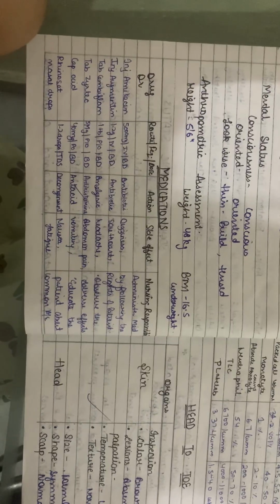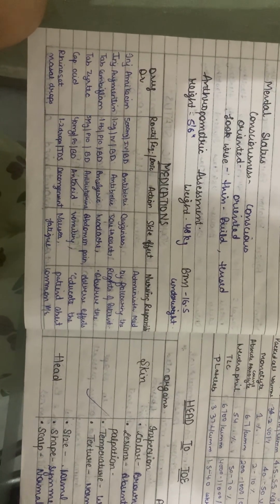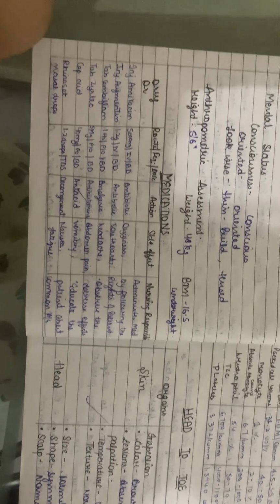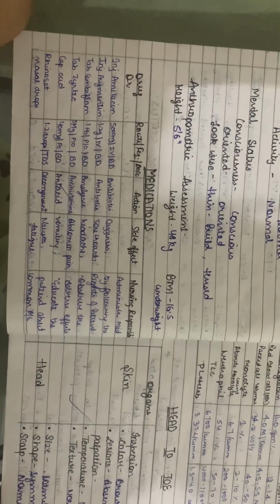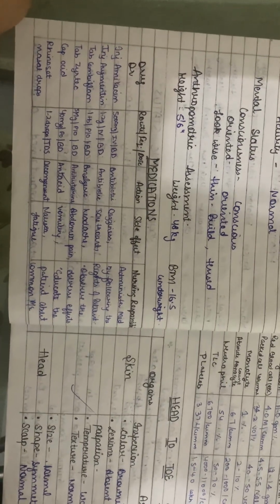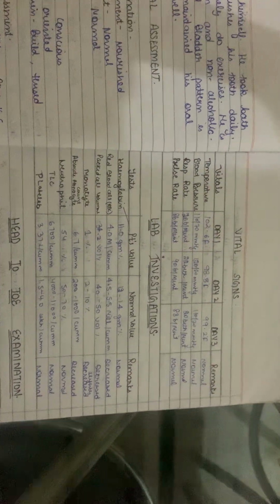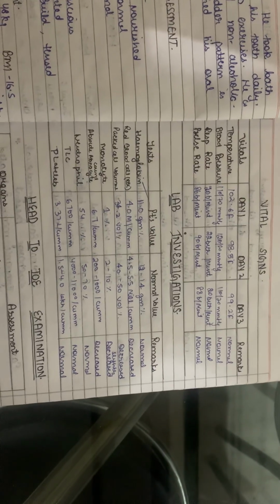Then the medication that the patient is currently receiving, you have to mention them along with their route, frequency, dose, action, side effects, and nursing responsibilities. Then you have to write the vital signs of the 3 days and remark on them.